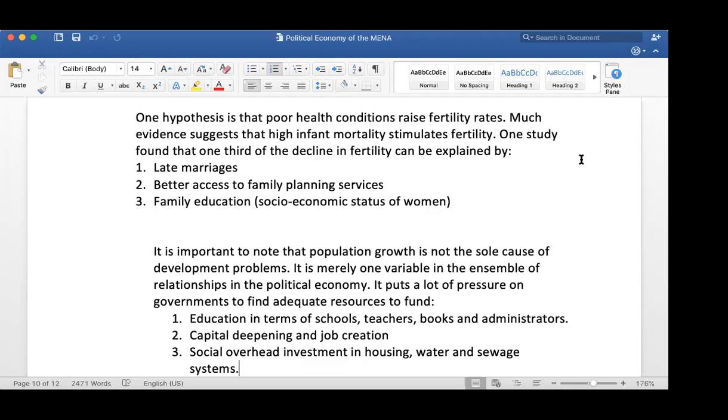So if they want to spend more on water, housing, electricity, sewage system, etc., they have very little left for capital deepening. So that's another problem. And it's usually something that happens in most of the less developed countries, especially in the MENA region, only in those countries that are resource poor, of course.